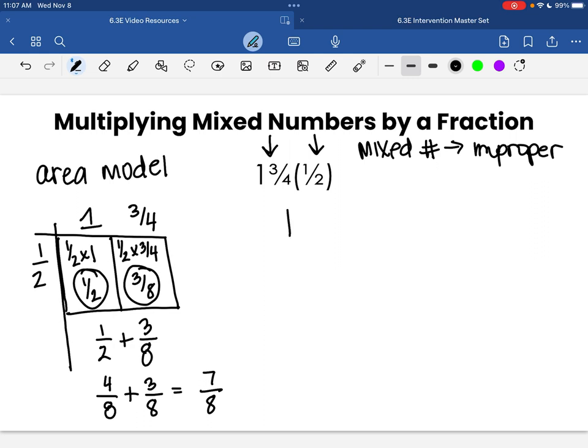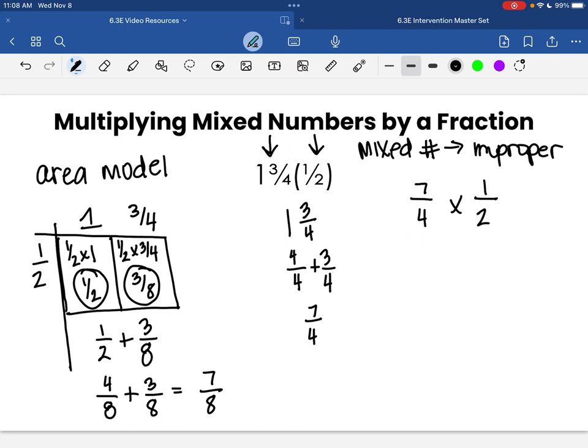So 1 and 3/4 really is saying I have 4/4 because that's a whole with an extra 3/4, which gives me 7/4. So 1 and 3/4 is equivalent to 7/4. So I can rewrite this multiplication problem as 7/4 times 1/2.